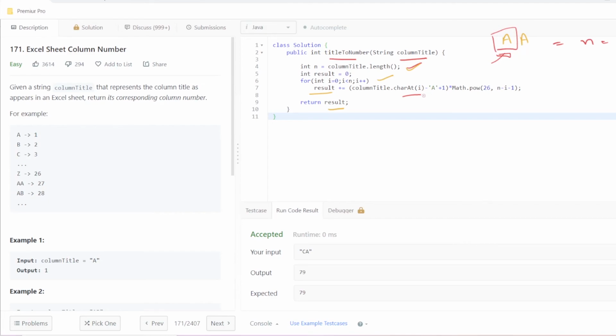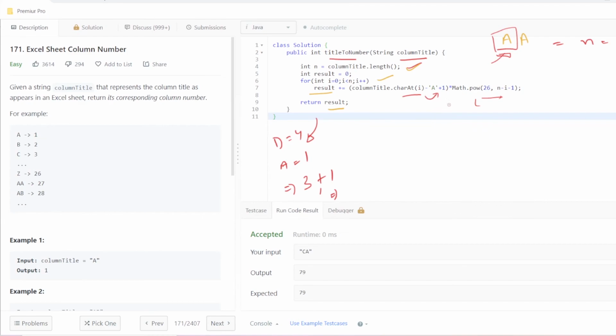We identify the number, and then we calculate how much contribution with 26 it is going to make. So we are doing plus one here. The plus one is basically for a case like this: let's say D is 4 and A is 1 here. D minus A becomes 3, but actually it should be 4 here, right? So to take that case into consideration, we are adding plus 1 here.